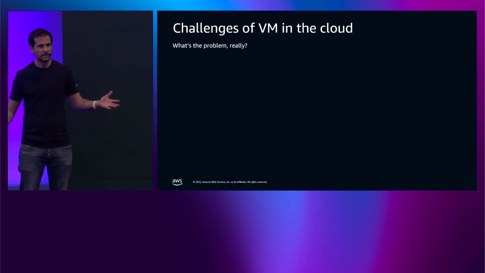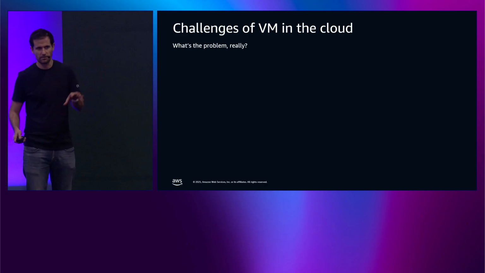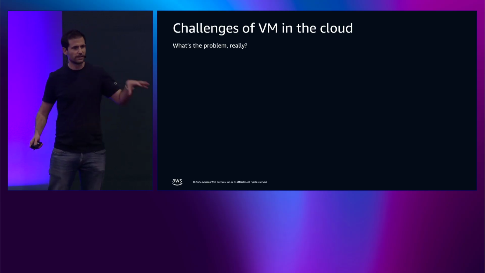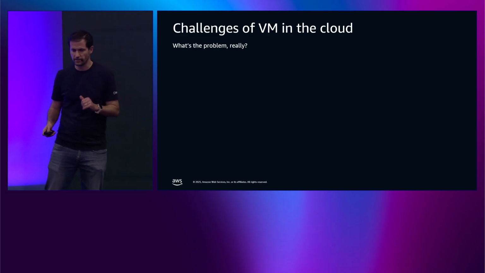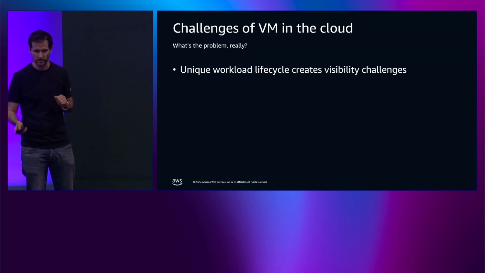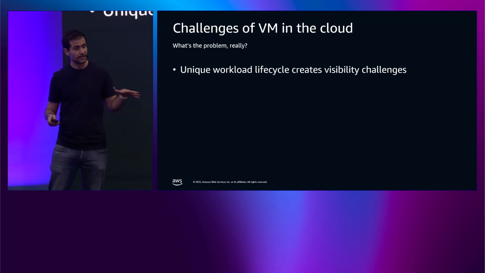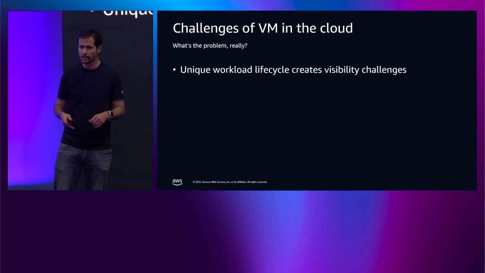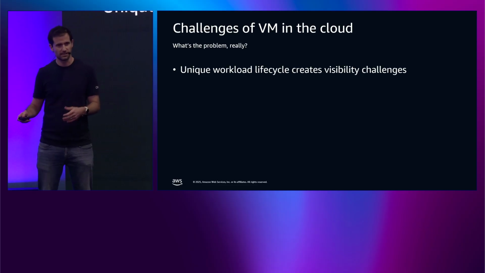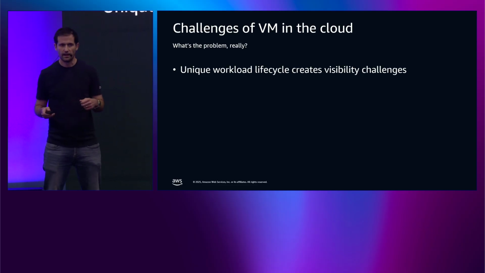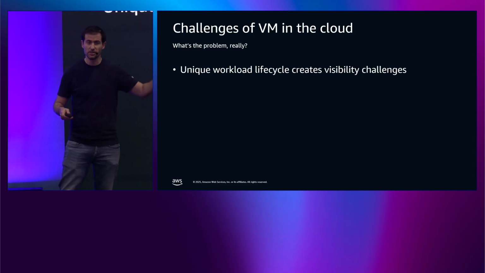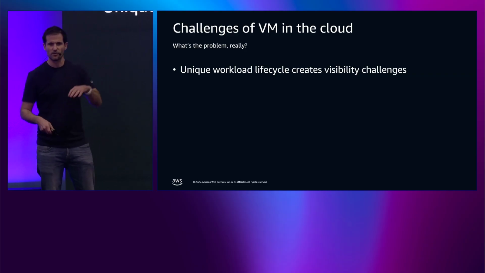So there are many challenges for vulnerability management, but right now we'll focus on the cloud and why it is different than the standard challenges of VM. The cloud has unique workloads with unique workload lifecycle, especially containers. Their images are stored in container repositories. They are spun up, taken down. They're very ephemeral.